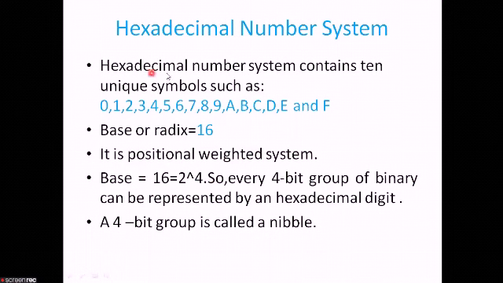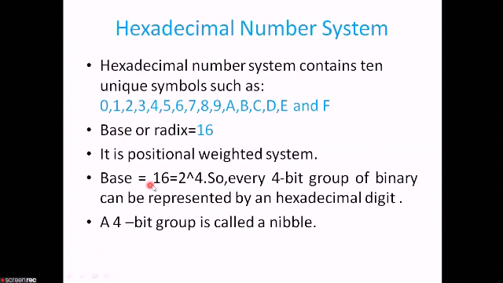Now, the hexadecimal number system contains 16 unique symbols such as 0, 1, 2, 3, 4, 5, 6, 7, 8, 9, then A, B, C, D, E and F. As it consists of 16 unique symbols starting from 0 to F, the base or radix is 16.